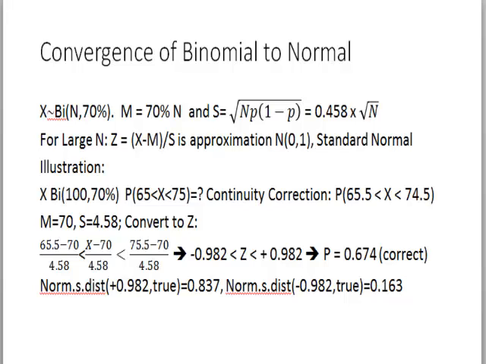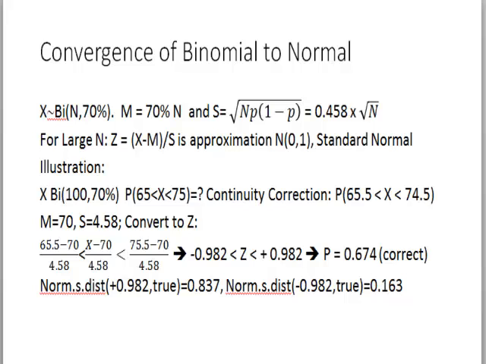Now in the previous version I think it's norm s dist. Plus 0.982, and true gives the probability that z, the standard normal variable, is less than 0.982. To get the probability in this range, I have to subtract from this the probability that z is less than minus 0.982. Right?